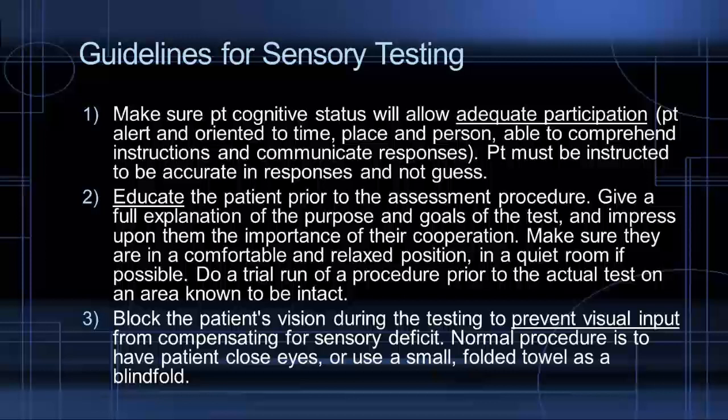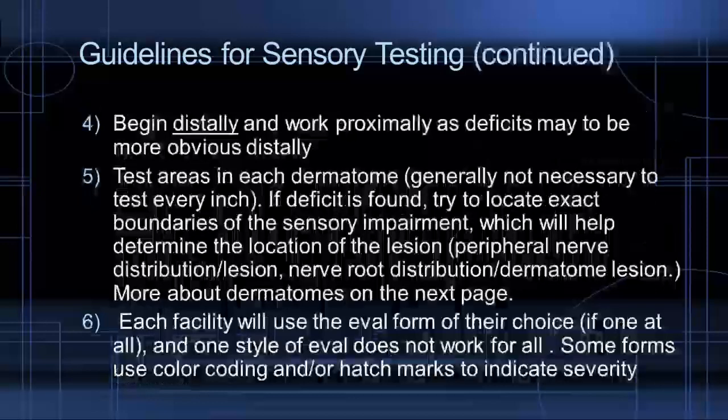You want to block their vision, so you can use a blindfold or a folded towel, or you could just have people close their eyes as long as you're sure they're not peeking. Because people really want to do well on testing. They want to impress us at how well they did, but we want to get accurate testing, so we want to make sure we block their vision.